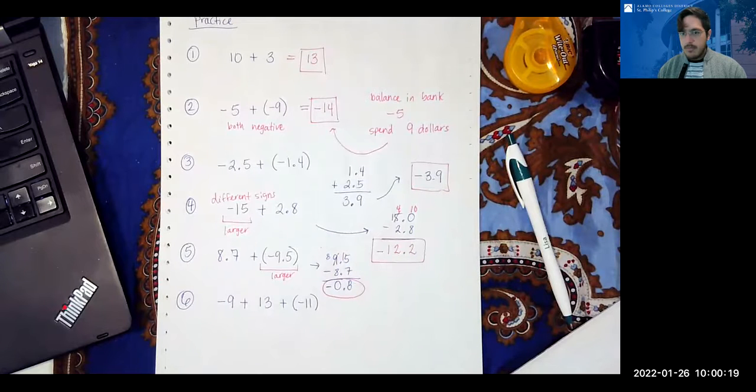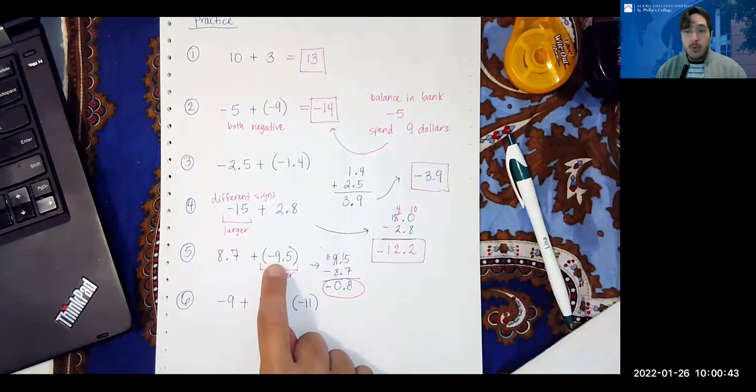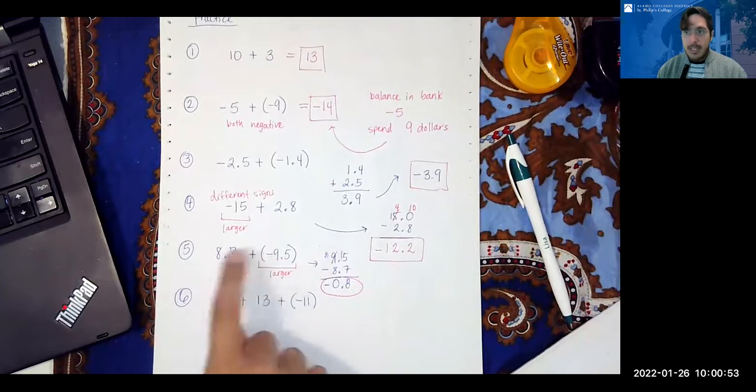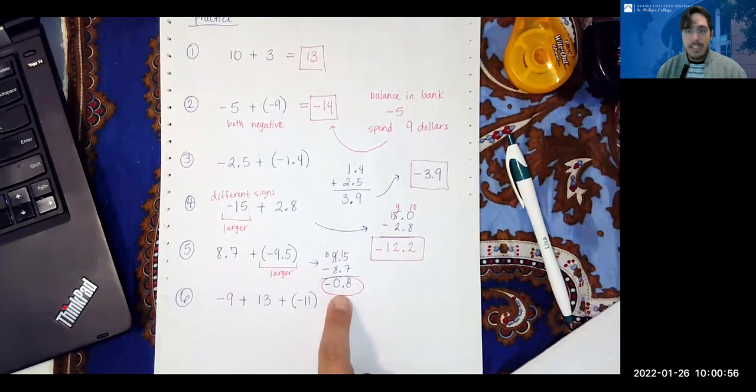Yeah, I got lost on the decimals, but you just explained it to me. Okay. That 9.5 became a positive? Or no, it didn't become a positive. We just considered working with the positive first, right? So when you want to think about these numbers, we want to think about their sizes. If I owed the bank $9.50 and I only paid back $8.70, well, I owed more than I paid back, so I should still have a negative result.